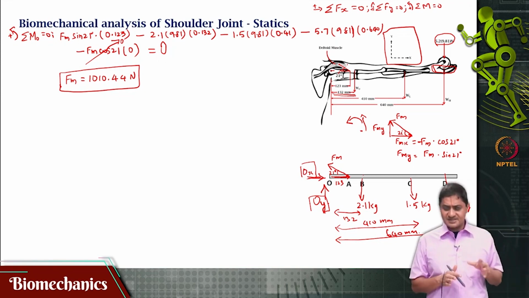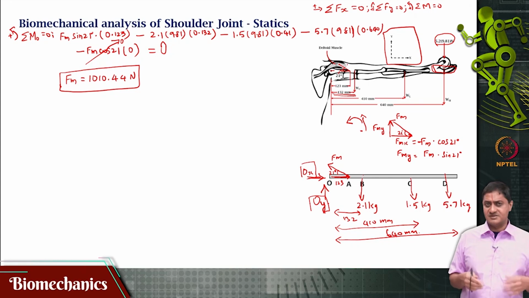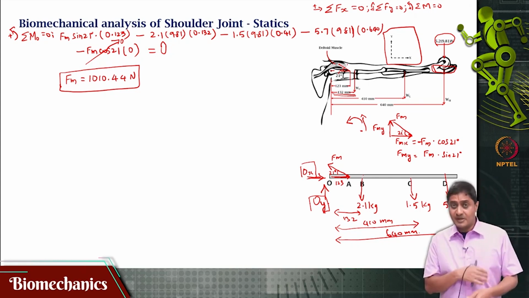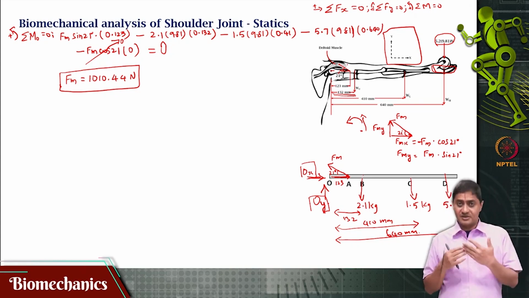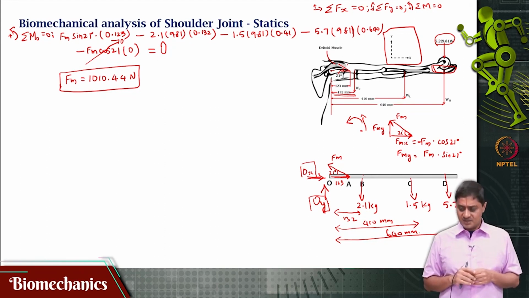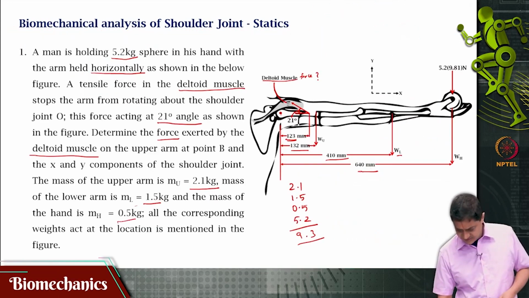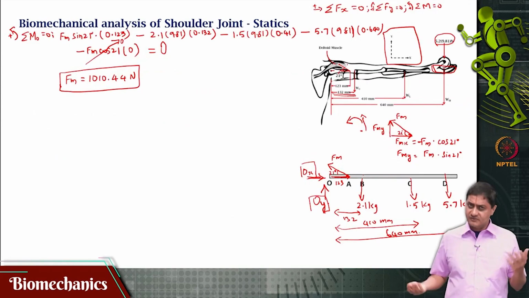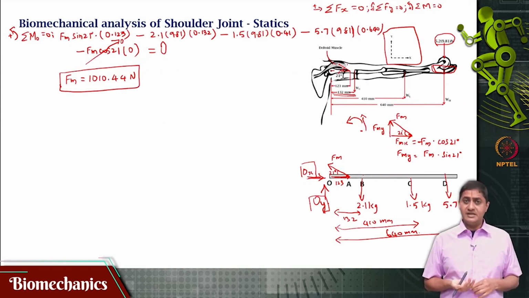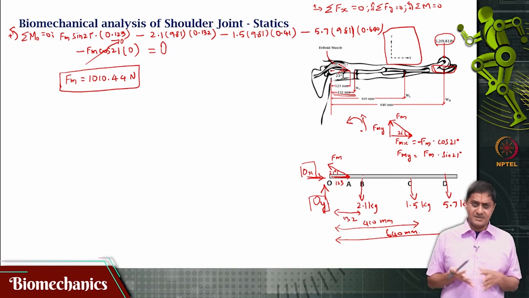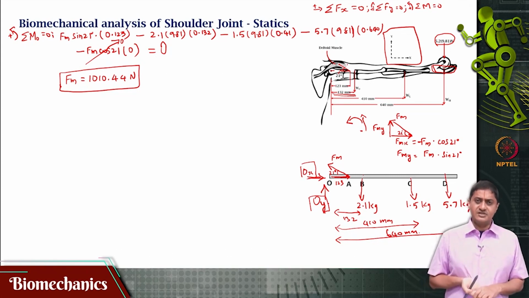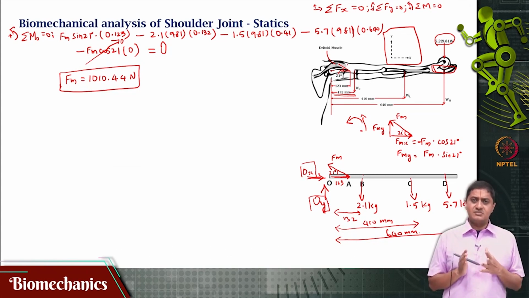Of course, there are other masses that I have not discussed. There is the mass of the upper arm, the lower arm, and the hand. All these things considered, even if you add all of them, we saw in the previous slide it is about 9.3. Even if you say it is about 90 newtons, for the sake of discussion, the muscle produces about 10 times as much force.